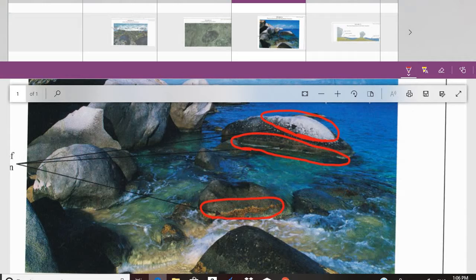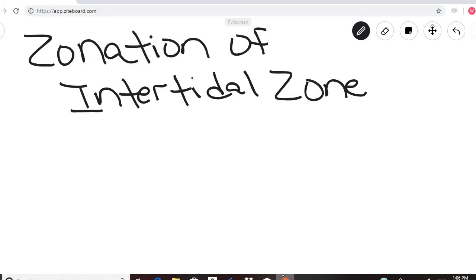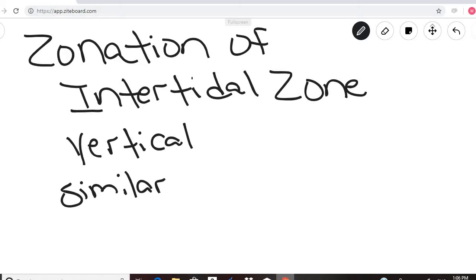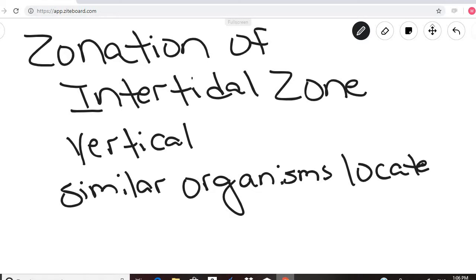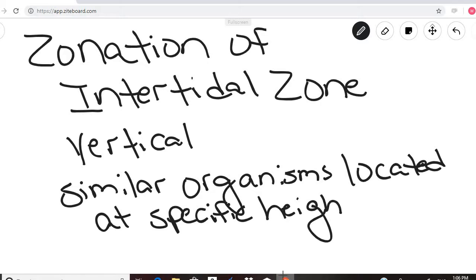So that's what we mean by zonation. Similar organisms are located at specific heights, and so it's a zonation that is vertical. And that's what we saw in that picture.